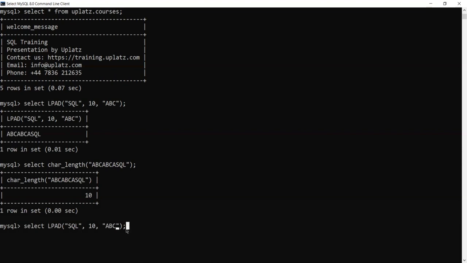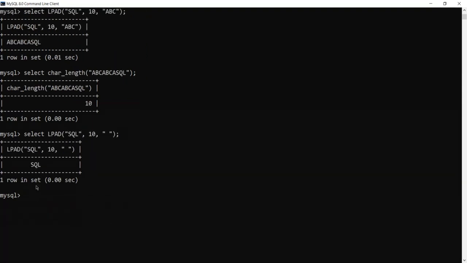Now, where do we use this LPAD? Generally, it is not with respect to adding some extra characters; it could possibly use space as well. So if I add one space to it and then enter, you can see that my SQL has some letters in it, some spaces in it.